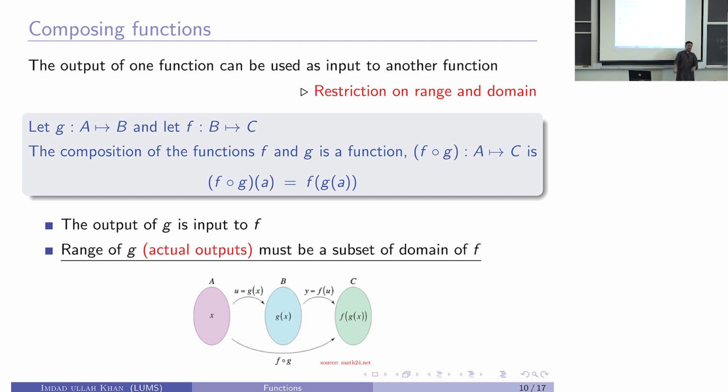So, in the example I was saying that if G gives squares, then for the purpose of composition, we only want F to be capable of working on perfect squares, while it could actually be able to work on any integers, right? Perfect squares are supposed to be positive or non-negative numbers, right?